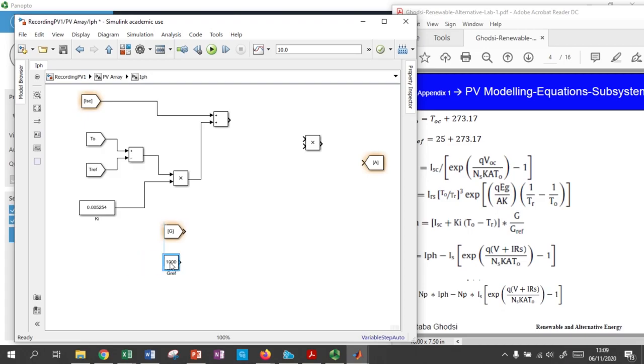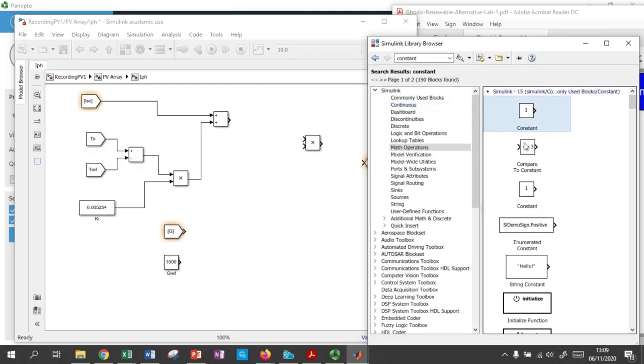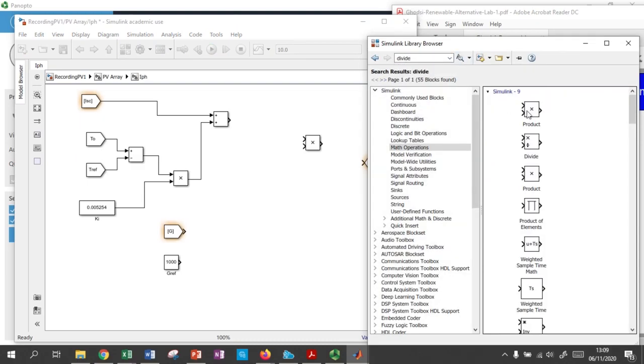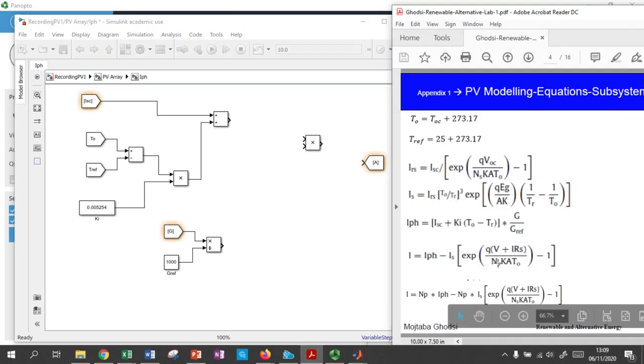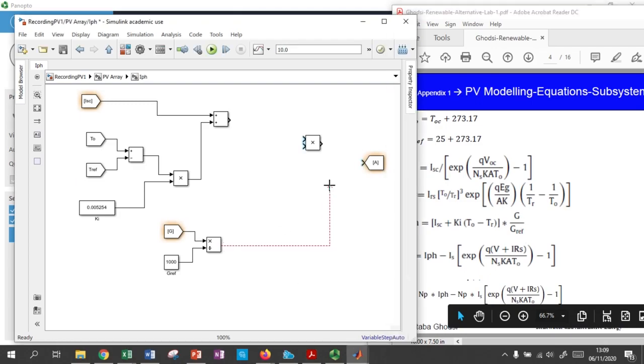G ref and G are here, then we should divide them together. Then I will add one divide. The output of these two is G over G reference.